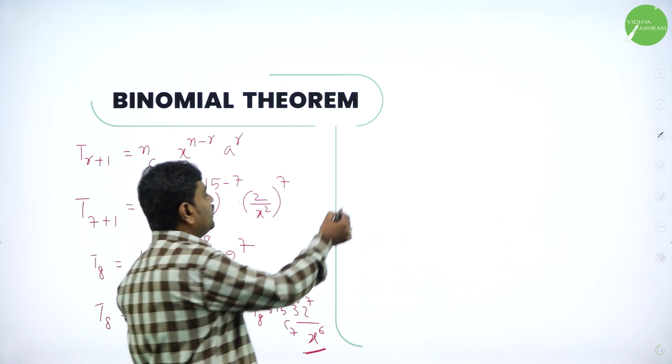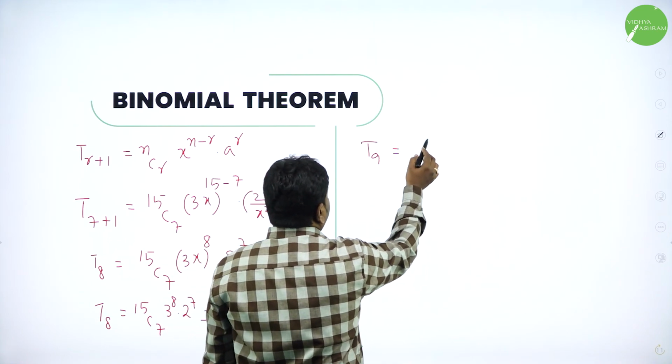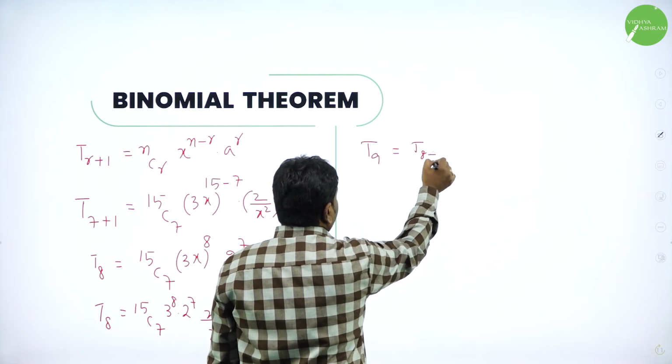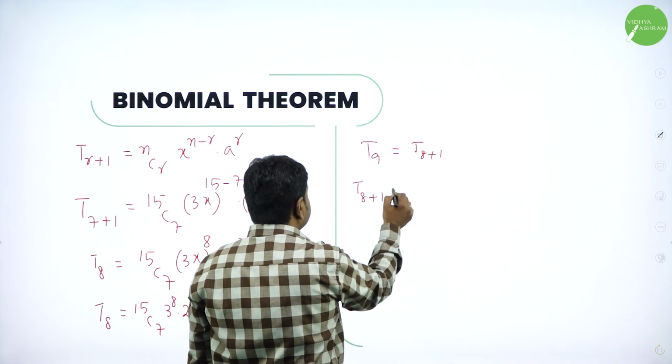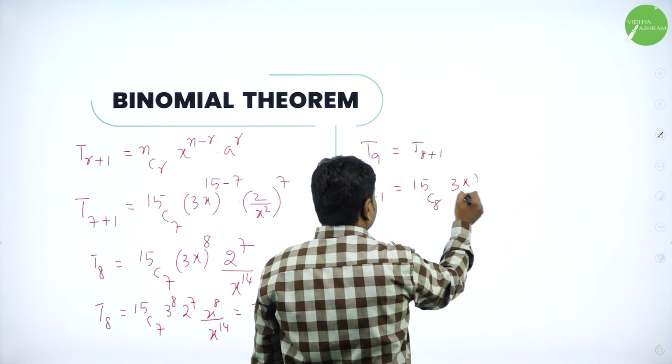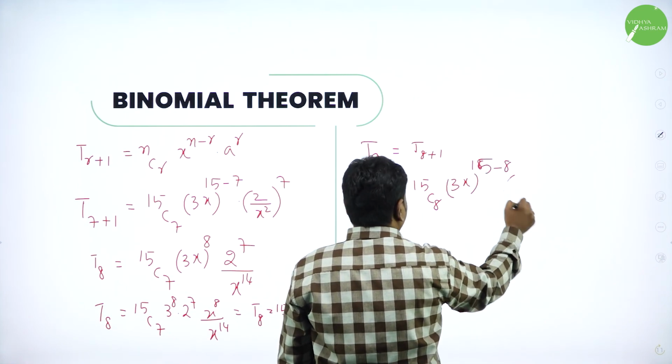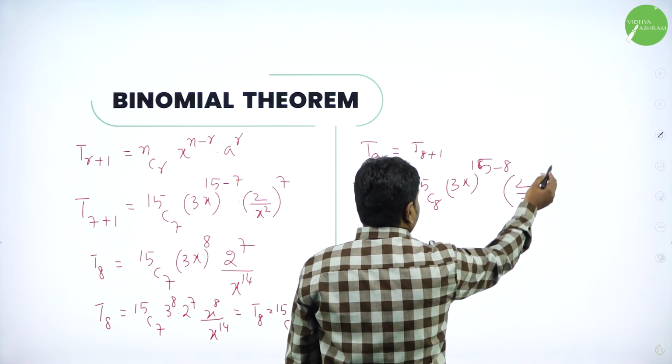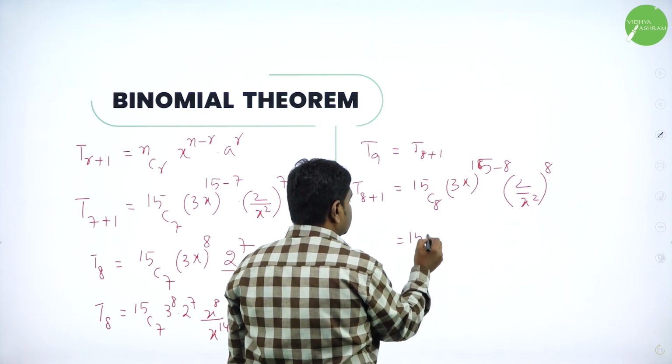This is T8. Similarly, we need to find one more, that is T9. T9 can be written as T(8 plus 1). So T(8 plus 1) is what? nCr. What is n? 15. Cr is what? The first term 3x power 15 minus 8, and second term 2 by x square power r. r is what? 8. So that is 15C8.